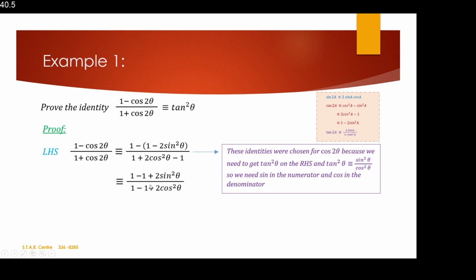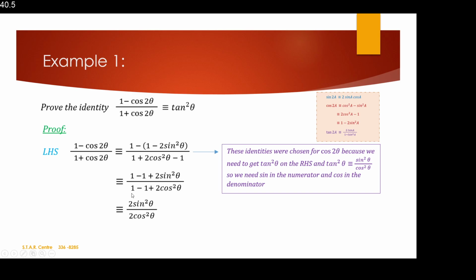Alright, so that is why we chose these identities in particular. The next step is to simplify the brackets. We have 1 minus, and it's important to have brackets, so minus 1 and minus by minus 2 sine squared theta will give plus 2 sine squared theta. In the denominator, 1 plus 2 cos squared theta minus 1, I'm just rearranging the minus 1 here. This gives us 1 minus 1 in the numerator, which is 0, so we are left with 2 sine squared theta.